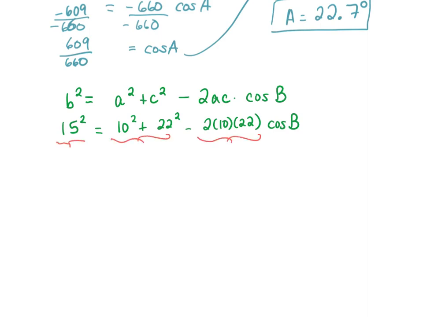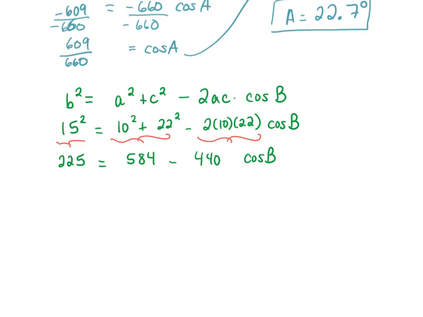I'm going to look at these three chunks individually so I don't get them confused. So 225, 10 squared plus 22 squared is 584. 2 times 10 times 22 is negative 440 cosine B.